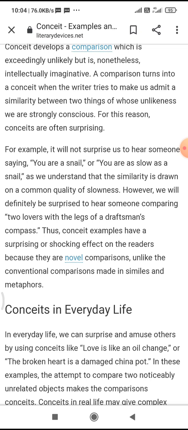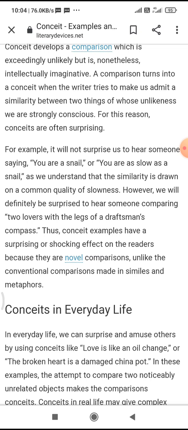Conceit is a kind of comparison which is highly unlike, but is nonetheless intellectually imaginative.